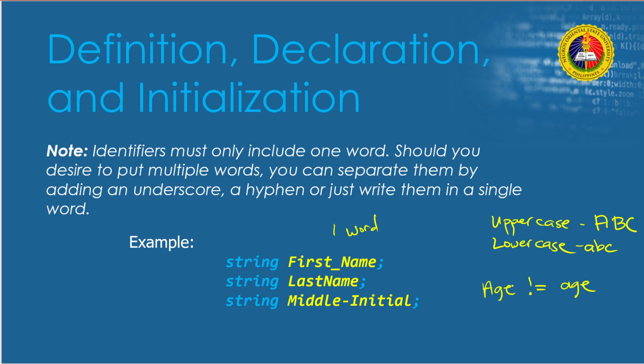Therefore, age with a capital letter A is different from age with a small letter a. So that's what you call case sensitive, meaning depending on whether you use capital letters or lowercase, they will be given different meaning, different value. So another example is, for example, use this as the identifier. This is a different identifier.